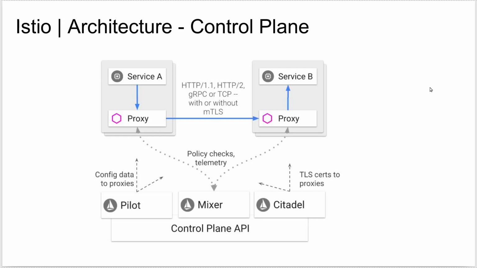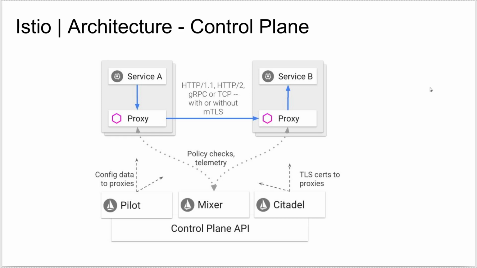Envoy is that proxy with the hexagon in pink, which was developed by Lyft, so that's why it's pink. And then you can have communication with HTTP 1.1, HTTP 2, gRPC, TCP, and we can have or not have mTLS. Right now it's very cheap to have TLS, so it's very recommended to use TLS for everything.